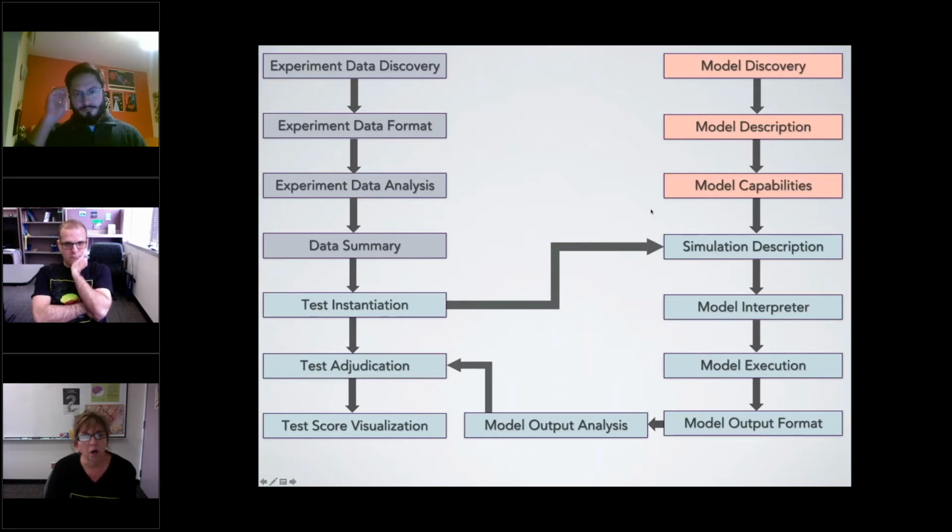All right, so there are many different steps that are necessary in order to make this framework work, from getting experimental data and preparing it to be compared to model output, finding models, figuring out what kinds of tests they can take, and then many steps that are needed for describing tests and actually using them.